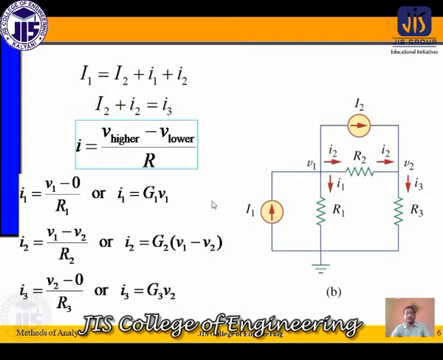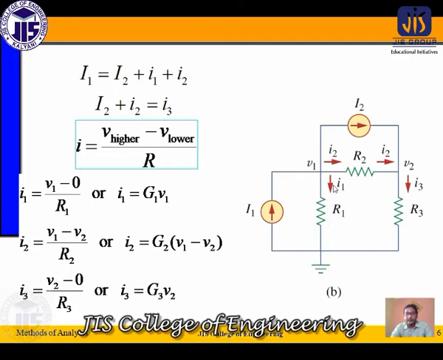Now for the first equation, capital I1 is equal to capital I2 plus small I1 plus small I2, we are going to find out all these current values. So we have to find the current values in terms of voltage and resistance. Now see, what is this I1?